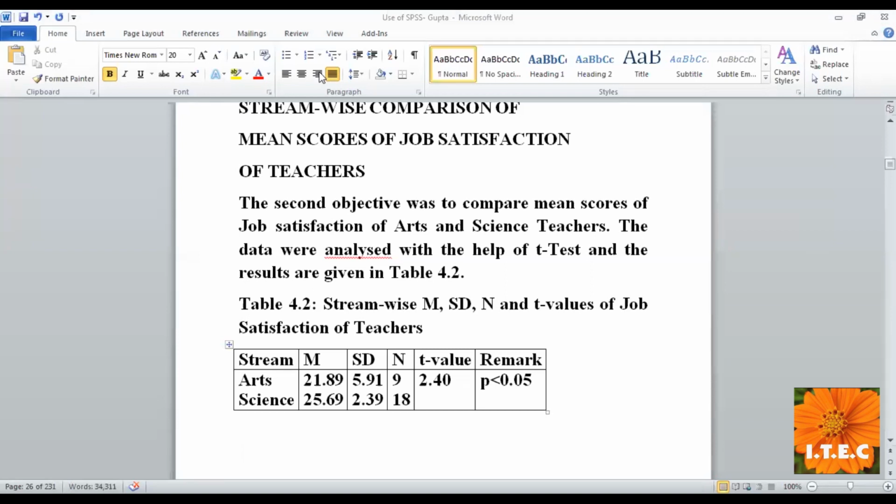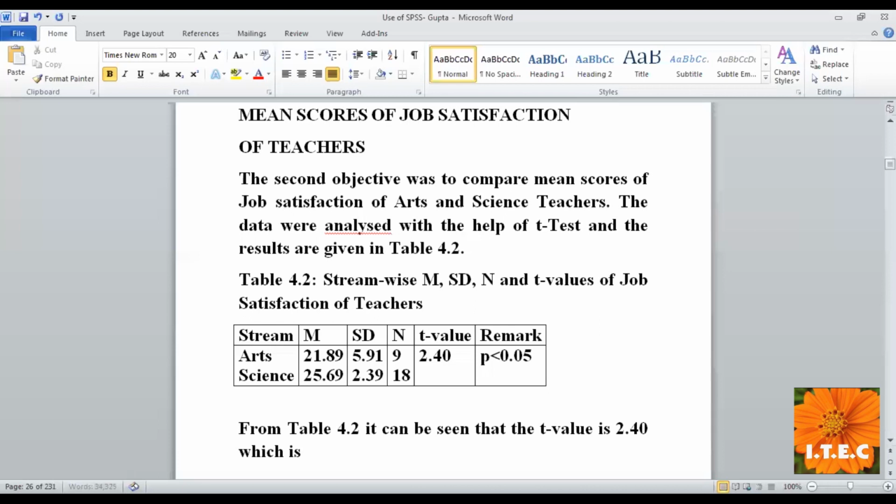No, Harsha. No. Here my first sentence will be: from table 4.2, it can be seen that the t-value is 2.40, which is significant at 0.05 level with DF equal to 25.